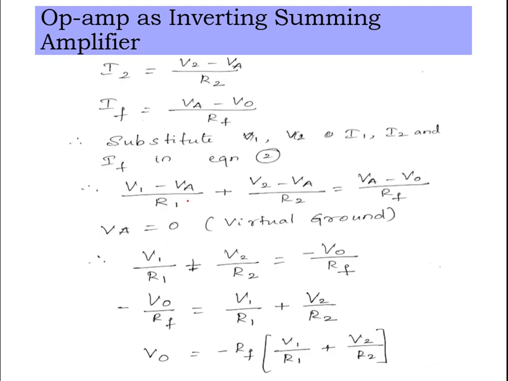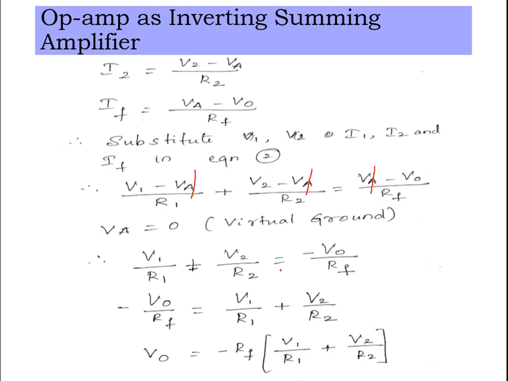Thus substitute VA is equal to 0 in the above equation. So these parts become equal to 0 and the VA term becomes equal to 0. Now what is left out is V1 divided by R1 plus V2 divided by R2, which is equal to minus VO divided by RF.